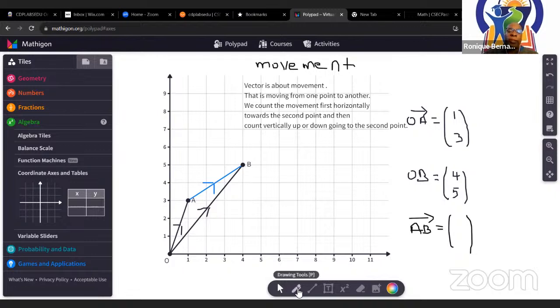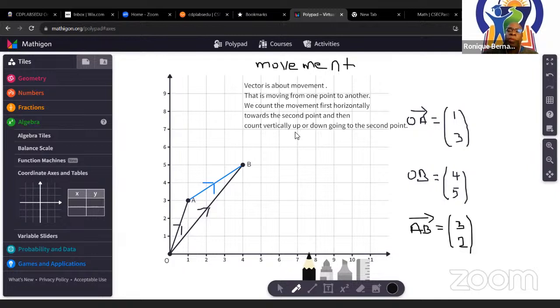So what do we write? We write what we count: 3 horizontally, and then 2 up, because we can't go any further, as we're going to B. So we have to stop right here. So that is the vector AB.